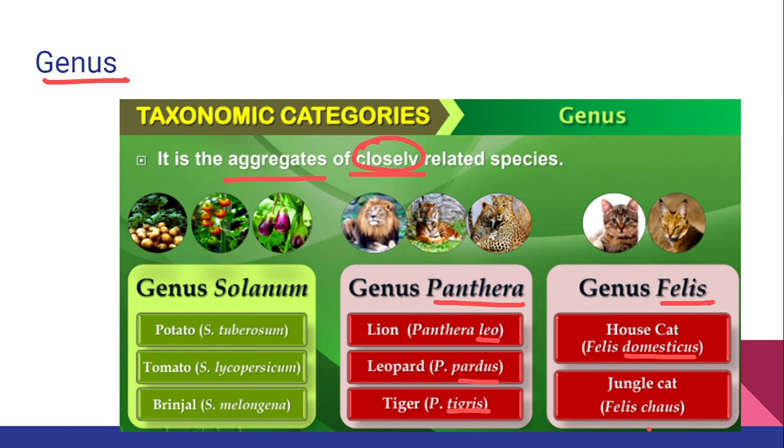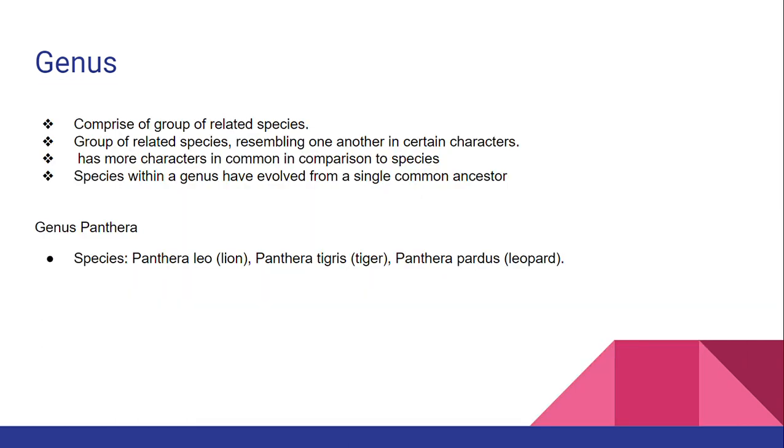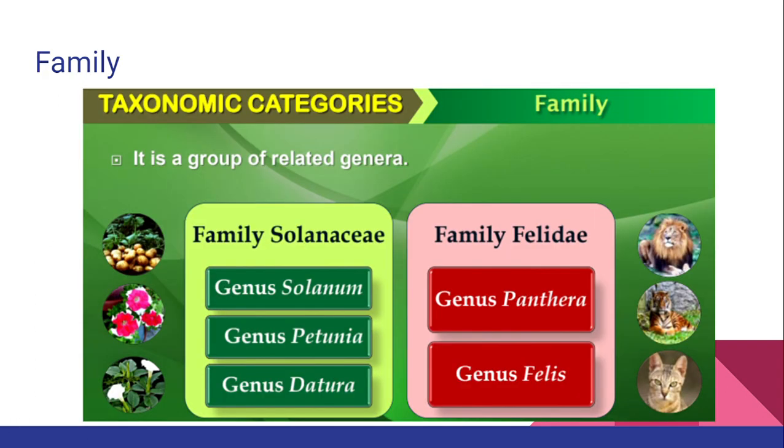Under genus Felis, your Domesticus and Catus are going to come. These all species are interlinked with each other. So here you can see a group of related species and they are going to resemble each other, but genus will have more general characters as compared to the species. Species will have more specific characters, right?